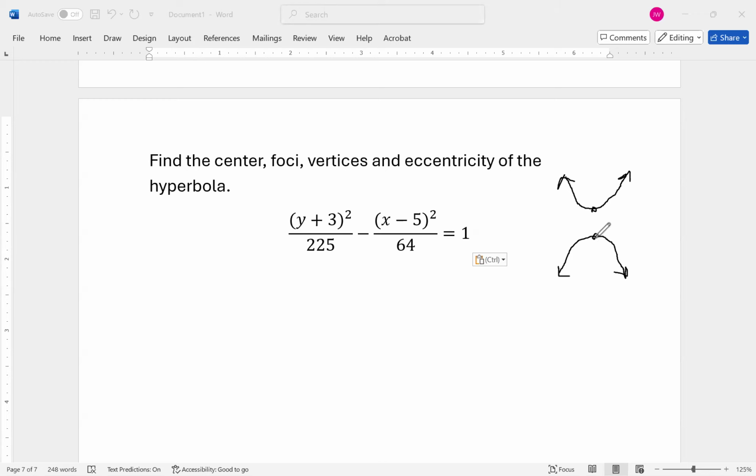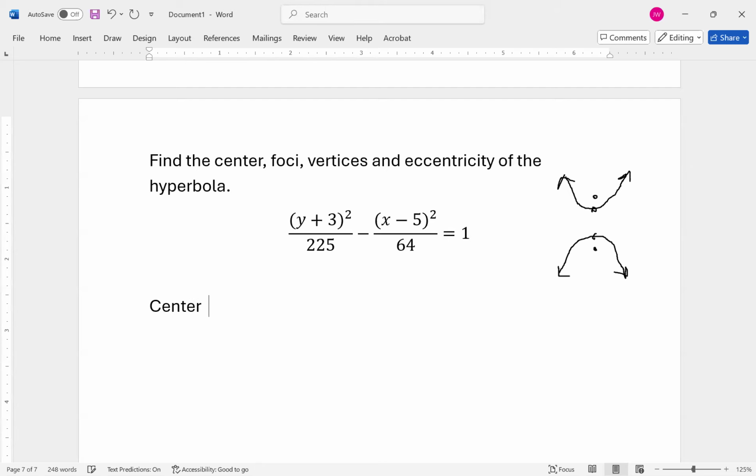It's going to be vertical. The two foci are going to be, again, along the transverse axis. The center, obviously, is right in the middle of that transverse axis. So we get that type of scenario.